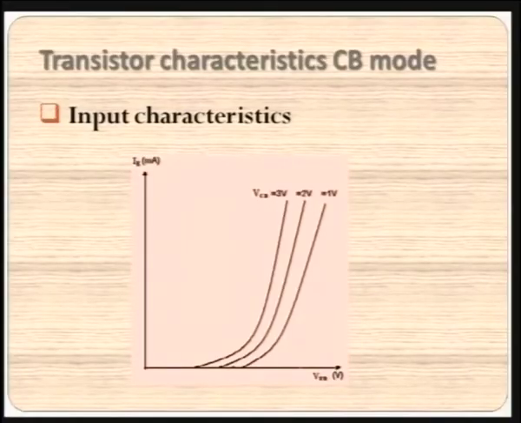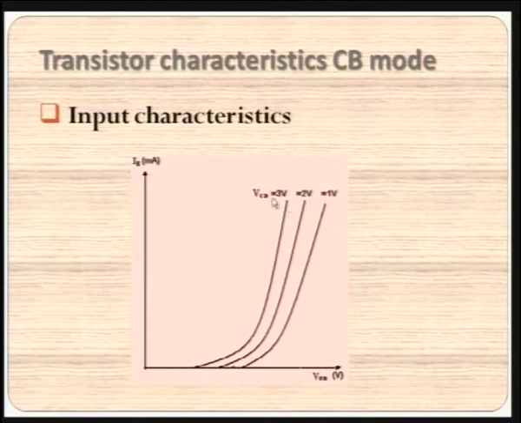This is the input characteristics of the transistor in the common base mode. We have taken, as usual, the voltage on the x-axis and current on the y-axis. The voltage here is VEB and the emitter current IE, in milliampere, is taken on the y-axis.